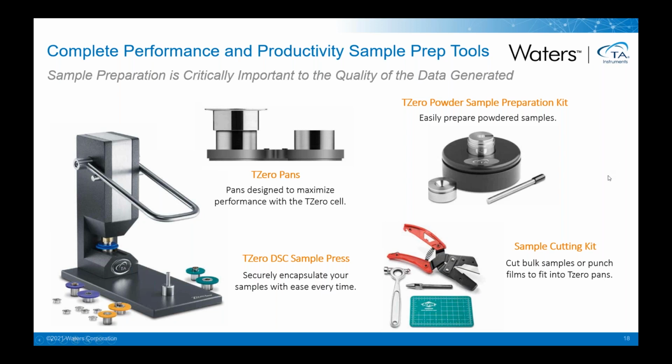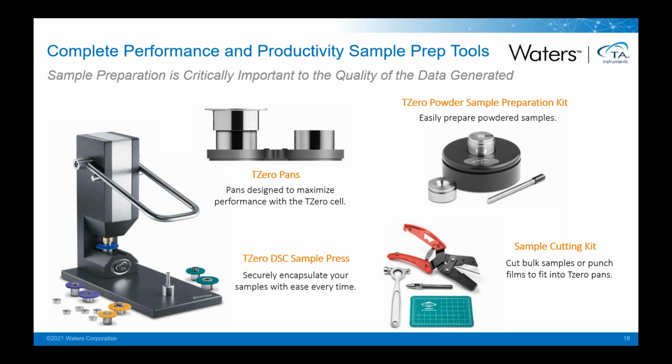And so obviously the powder loading tool here and the sample cutting kit are tools that we have available to give you a little bit more freedom, or maybe a more streamlined approach to preparing samples, maybe less headaches regarding powder loading into a pan.